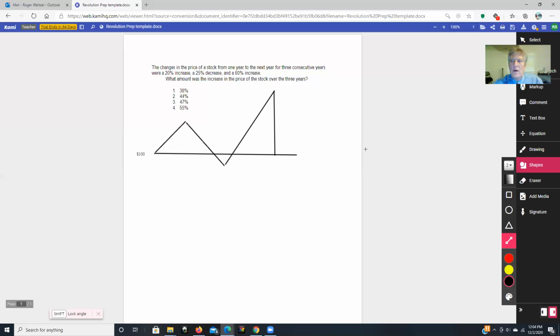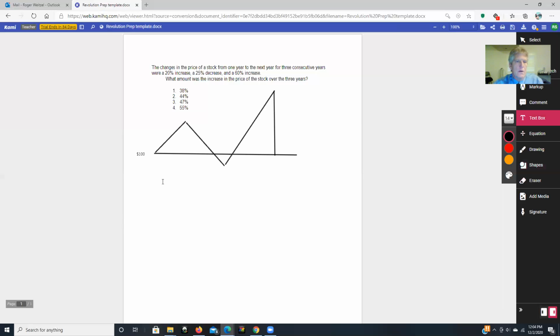And let's make our first calculation. So let's go to our little formula here. What we want is to take our original price of $100 and we're going to add to that 20%. And we want to know what that's going to equal.